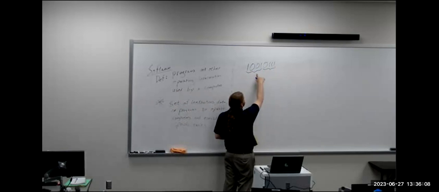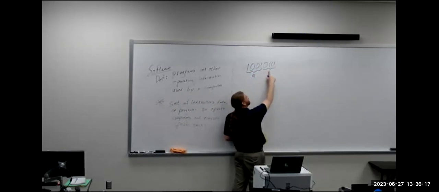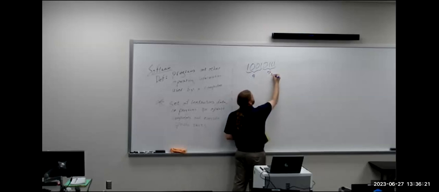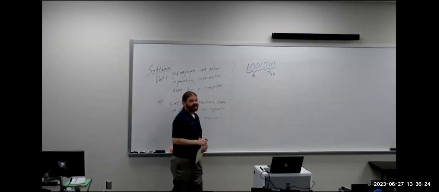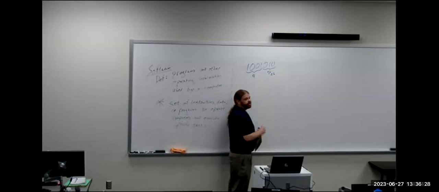These 4 bits, 8 plus 0 plus 0 plus 1 would be a 9. Then 0 plus 8, so no 8s, 4 plus 2 plus 1 gives us a 7. So then we're in hexadecimal, base 16, and we can just translate this into the base 10 numbers we know.